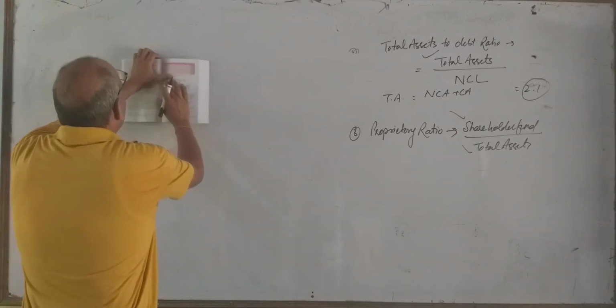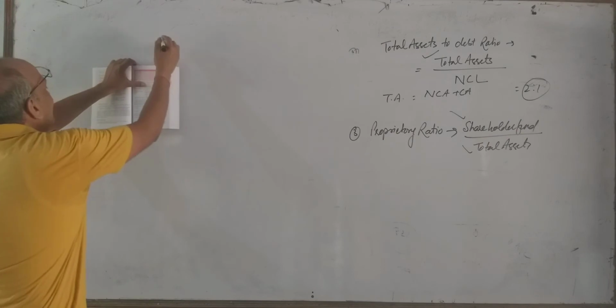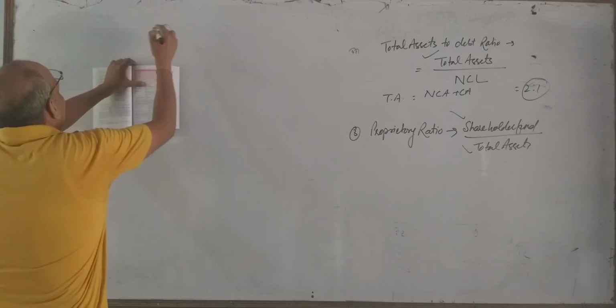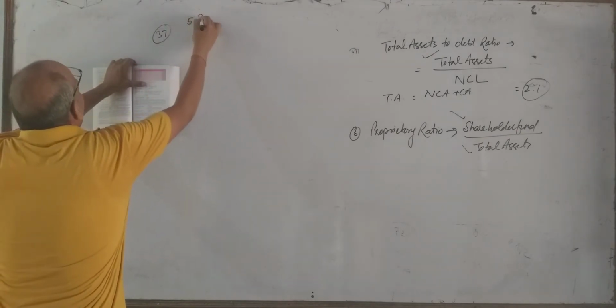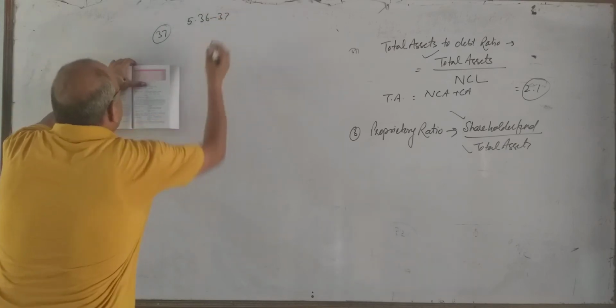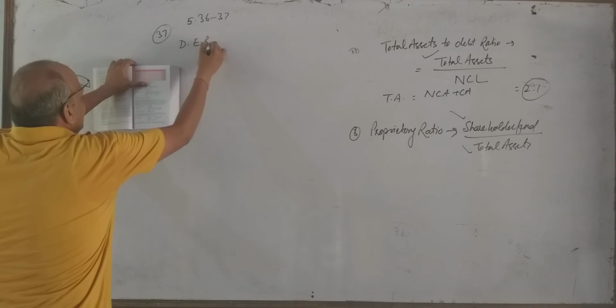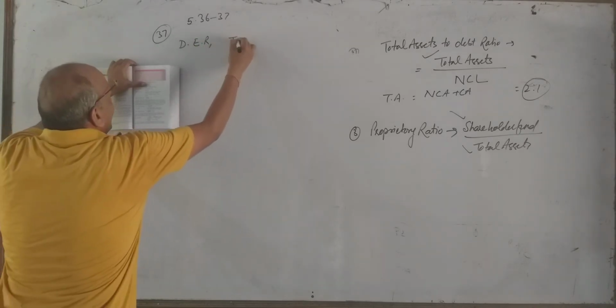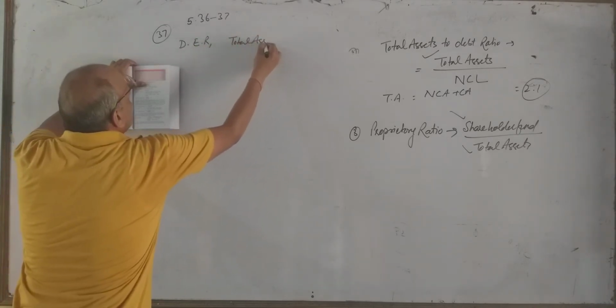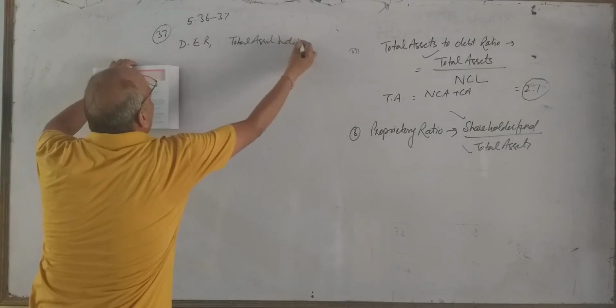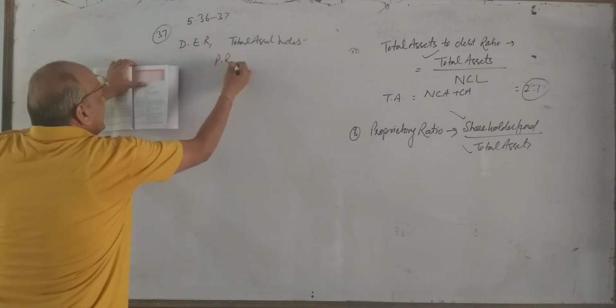Let us do one sum. We have given sum number 37, Illustration, page number 5.36, 37. The sum is asking to calculate debt equity ratio, total assets to debt ratio, and then proprietary ratio.